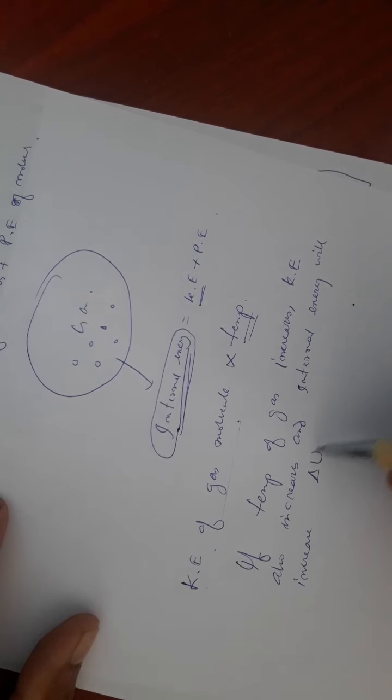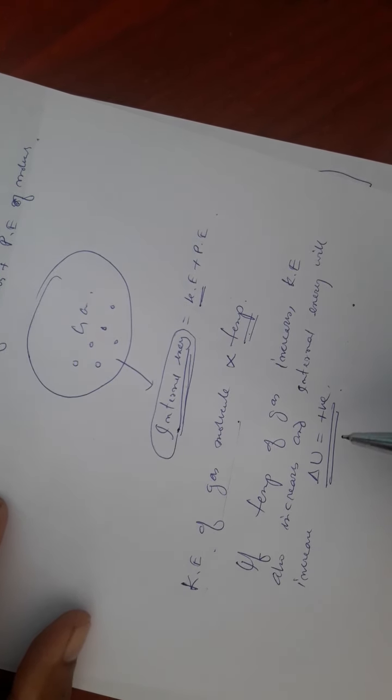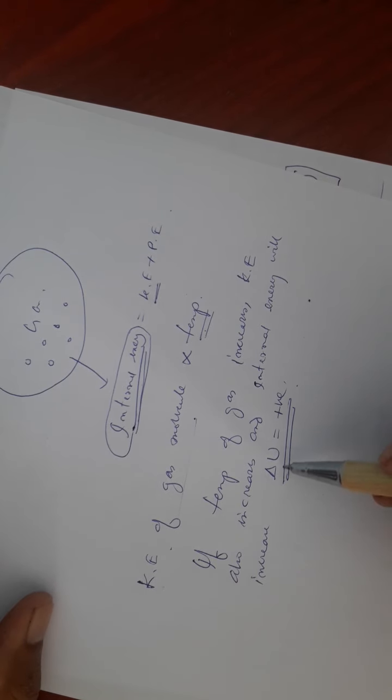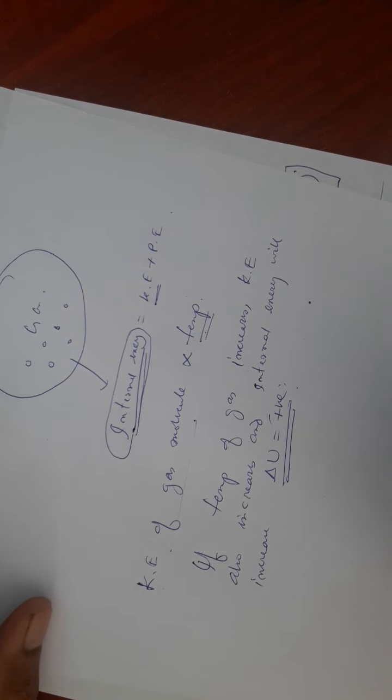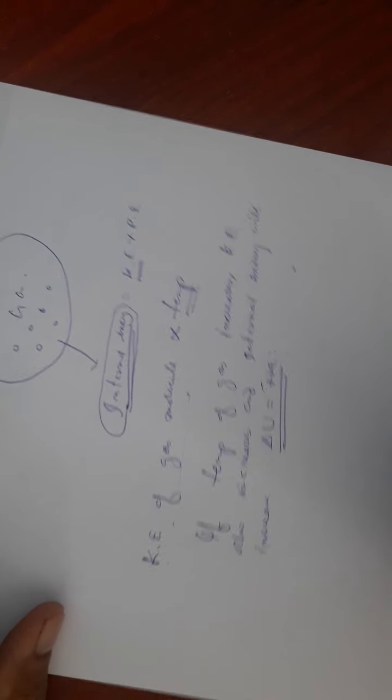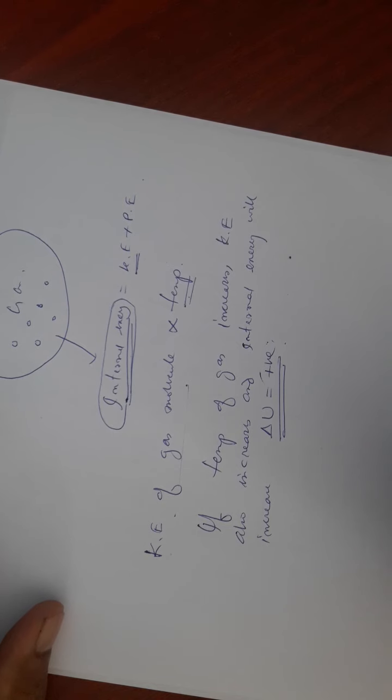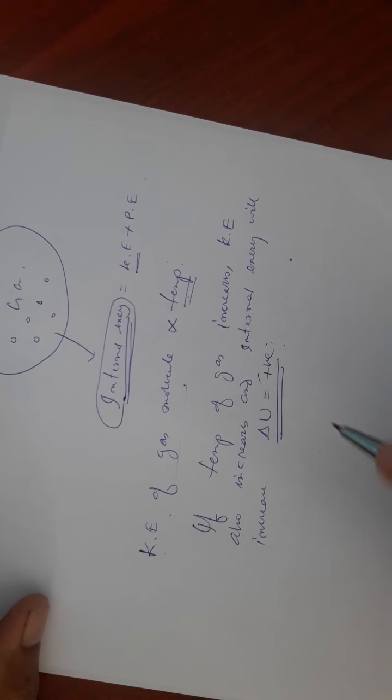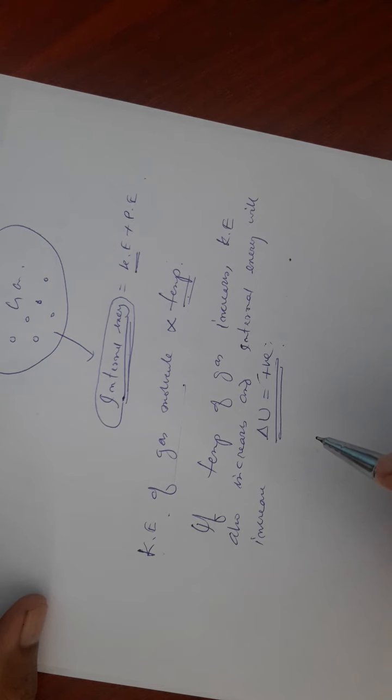So delta U is going to be positive here. Increase in internal energy is denoted by delta U, and if it is positive, it means that it is rising, increasing. So just go through these important terms one more time, and in the next class we'll try to derive the equation for work done during adiabatic process.